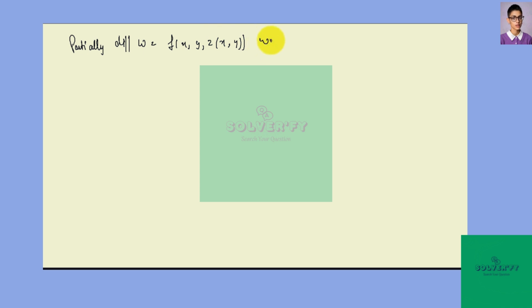Differentiation with respect to x by holding the value of y fixed. ∂ω/∂x holding y fixed is equal to ∂/∂x of f of x, y, z of x, y.